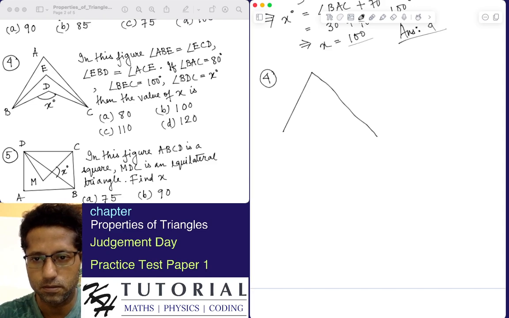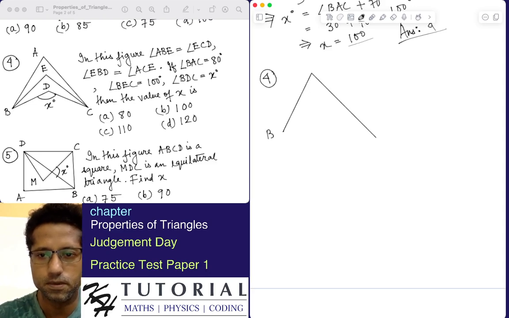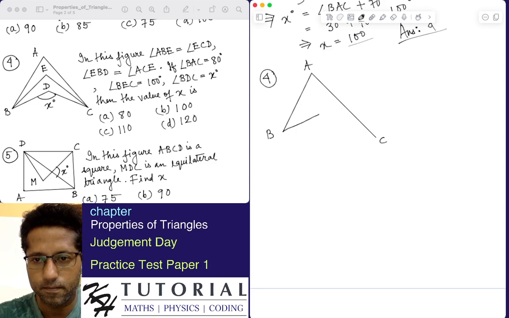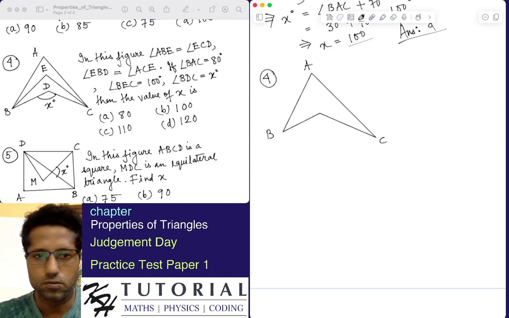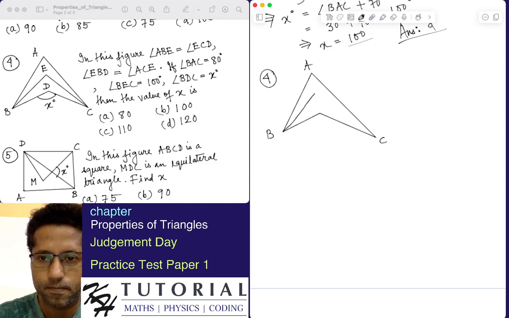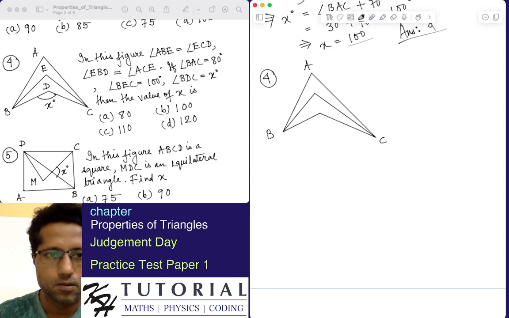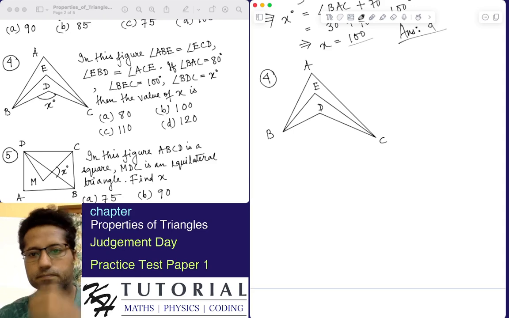So this is B, this is A, and this is C, and there is a point D connecting the points B and C. And then there is a point E. So this is D and this is E.